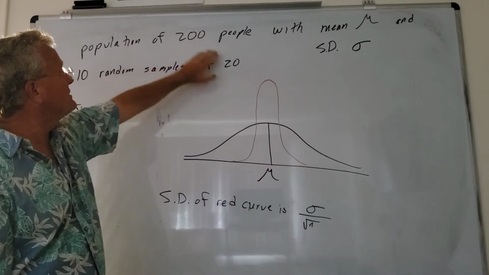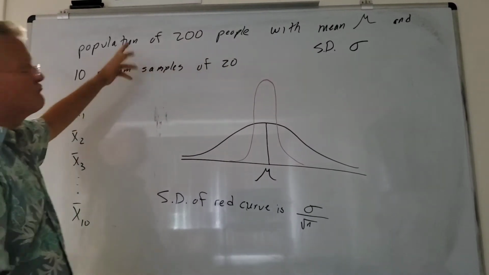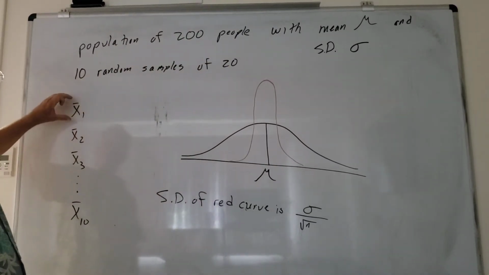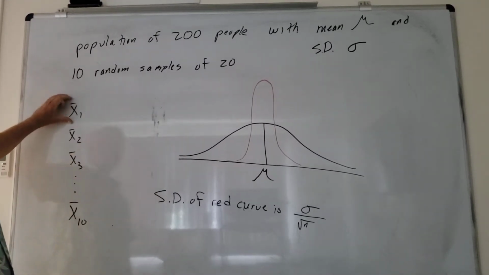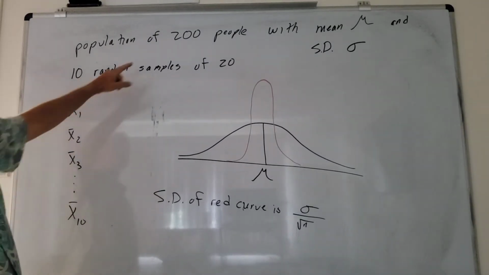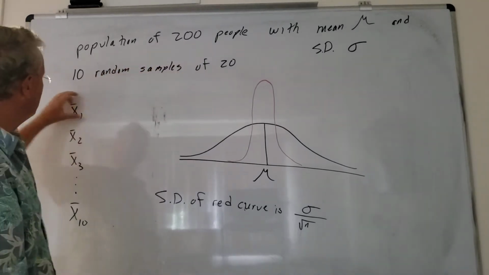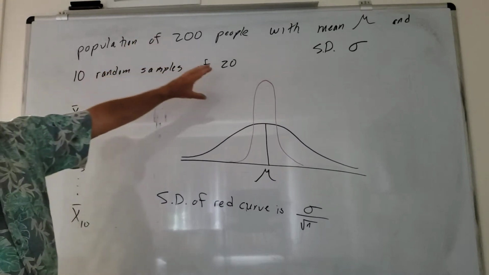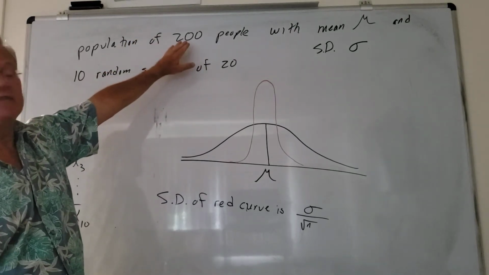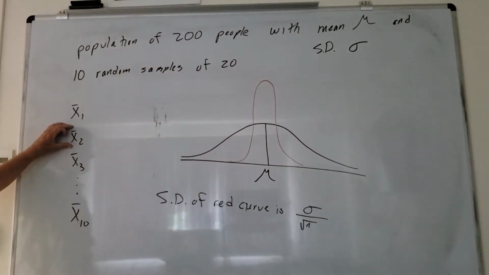So I first randomly pick 20 people from here, calculate the average of those 20, that's X bar 1. So now I'm down to 180 people, because 20 of them are in this first sample. I randomly pick 20 more people from the 180 that are left. That's sample 2, and I calculate the average of sample 2.